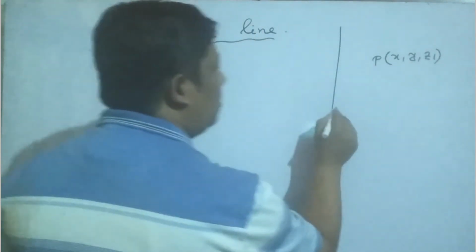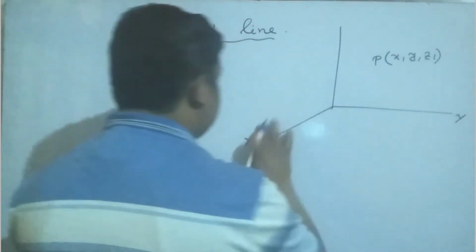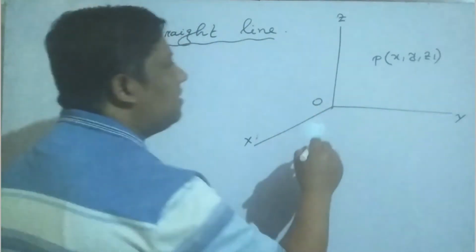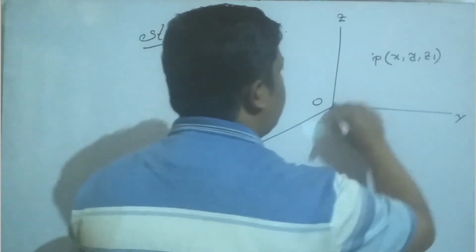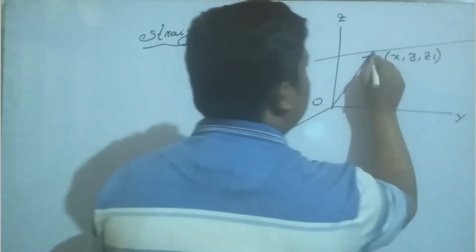If you want to draw on a Cartesian plane x, y, and z, any point, this point and direction is this, and you have to draw this line.